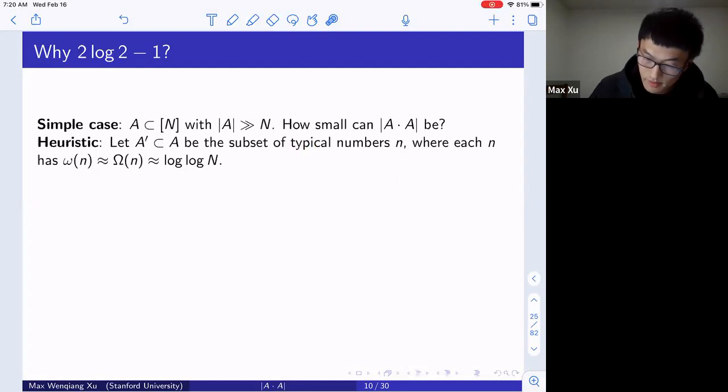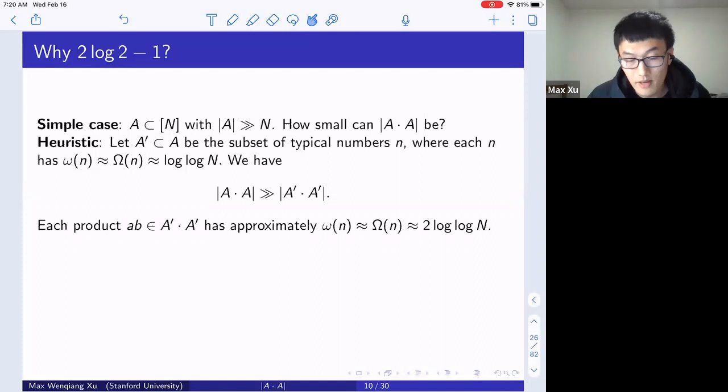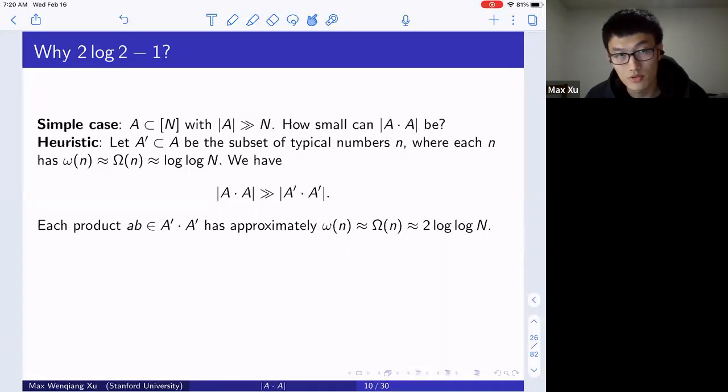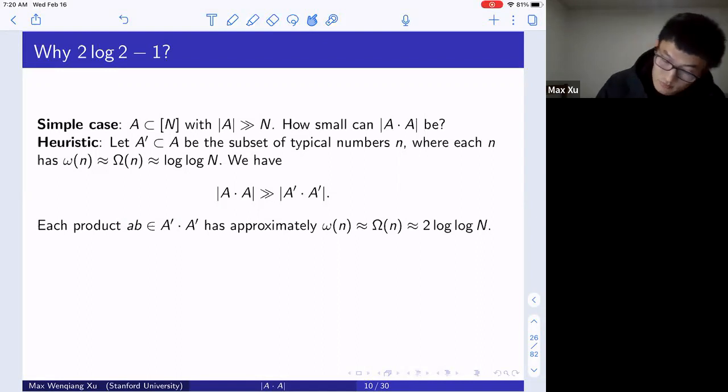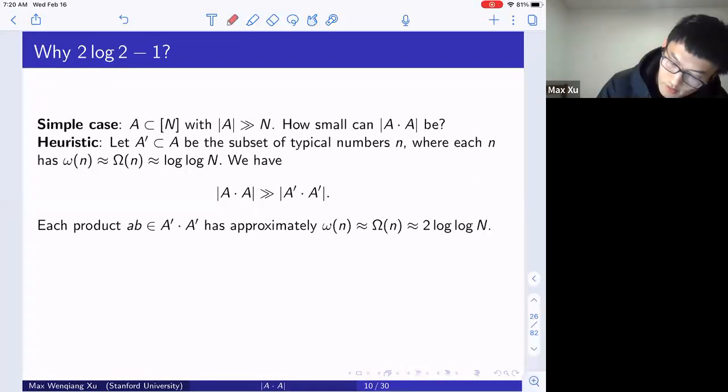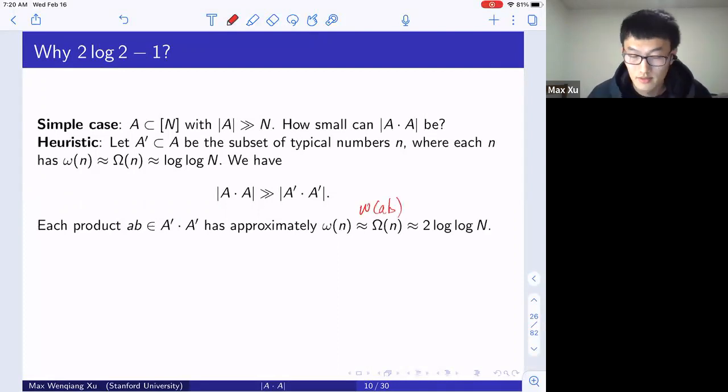Then we trivially bound the original product set A dot A from below by the product set of this subset. This is of course always true. Now each product in our new product set A prime dot A prime looks like the form ab and has omega of ab approximately, let's say, 2 log n.